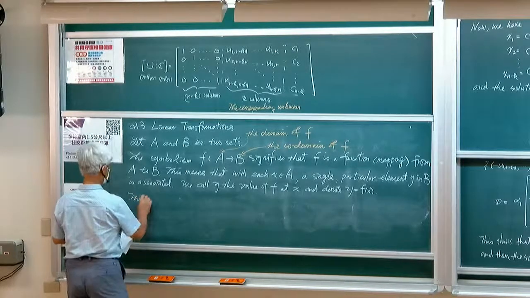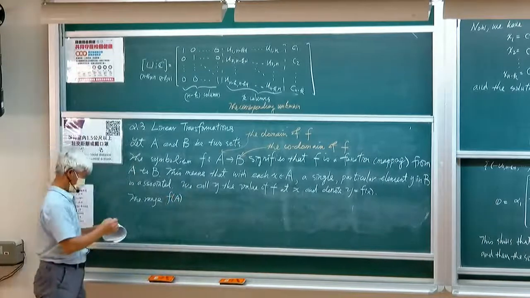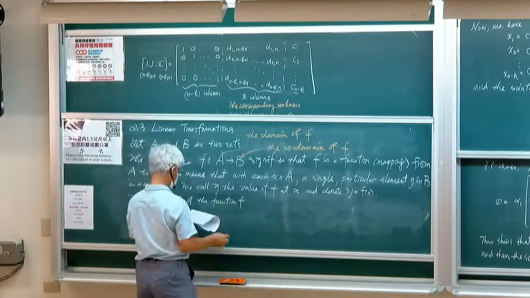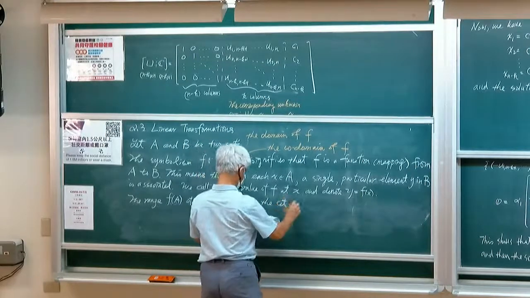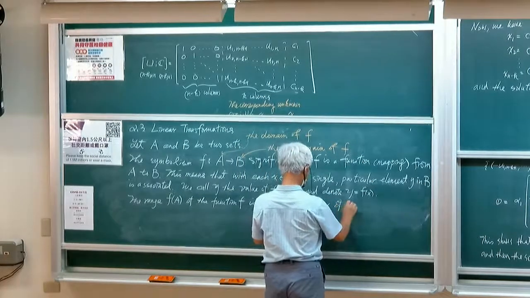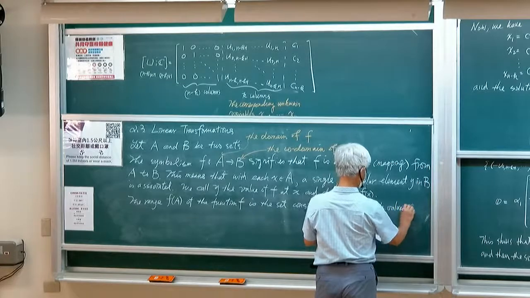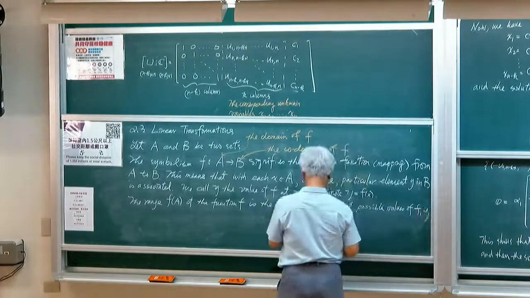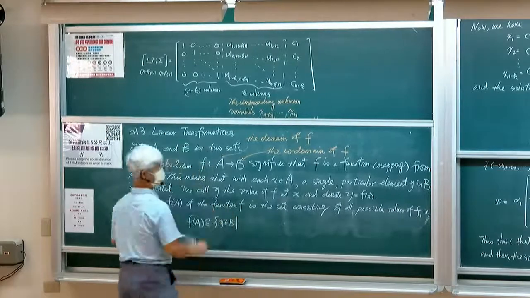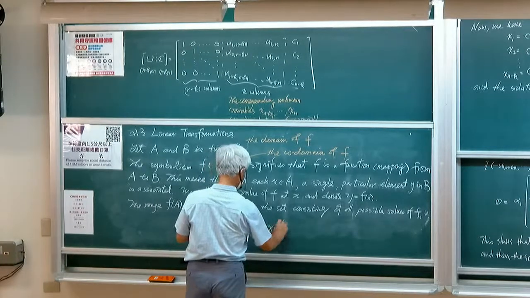Now, the range, denoted as f of A, of the function f is the set consisting of all possible values of f, i.e., the range of f is defined to be all the elements y in the codomain such that y is equal to f of x for some x in the domain.